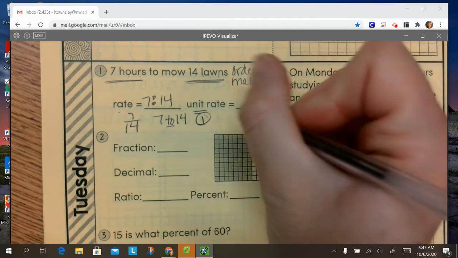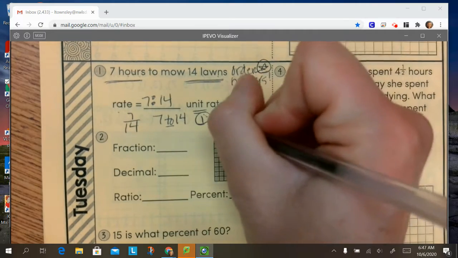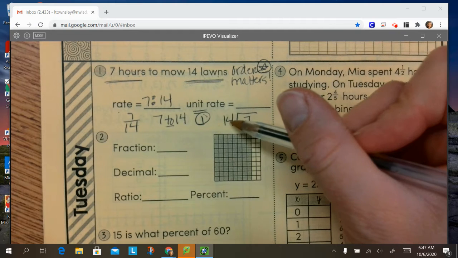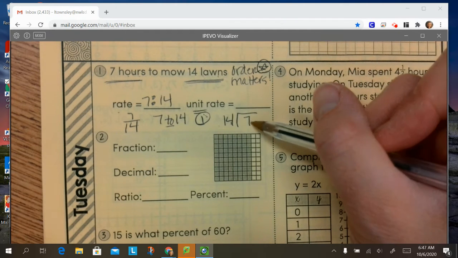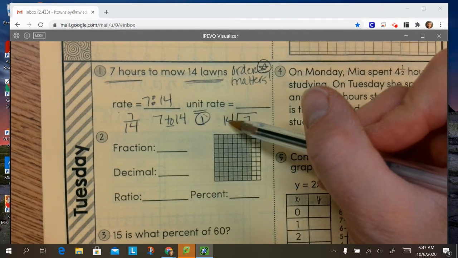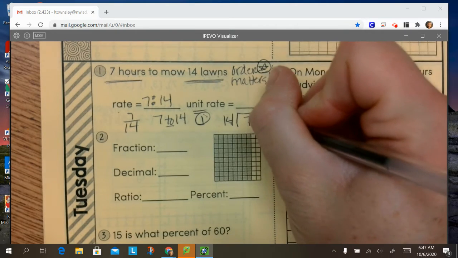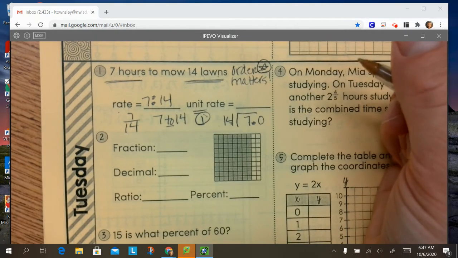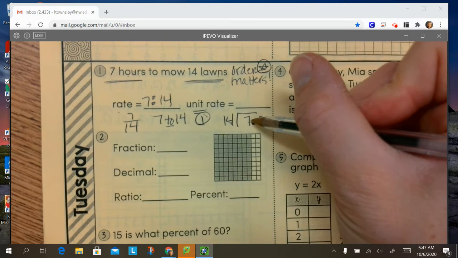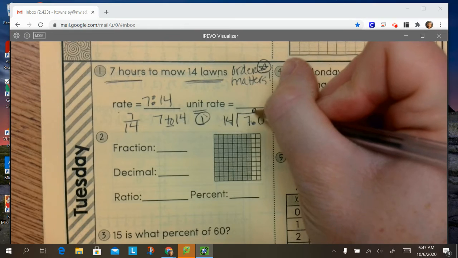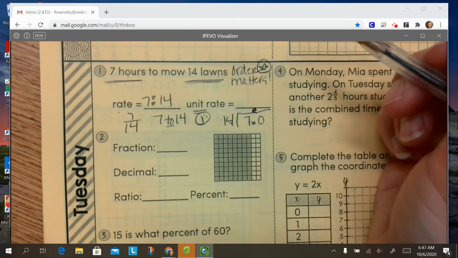So you want to take your first number, 7, and divide it by 14. I know this looks a little funny because 14 is a larger number than 7, and you're going to think to yourself, how can I take 14 into 7? Well, remember, you can always add a 0.0 to any of these numbers because this does not change anything, but it does give us an opportunity to solve this problem.